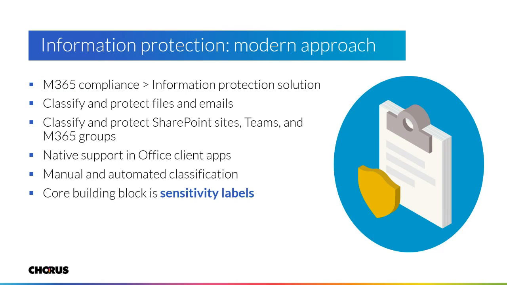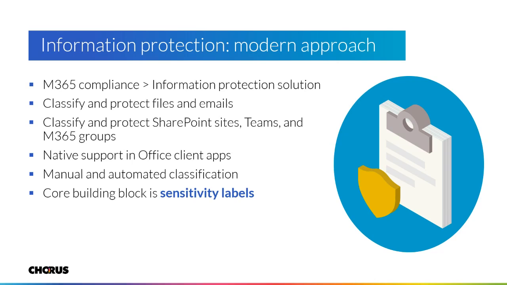So a modern approach is information protection in Microsoft 365, and this has really started to come of age over the last 6 to 12 months. It's really becoming a joined up and well integrated solution. It gives us the ability to classify and protect files and emails.